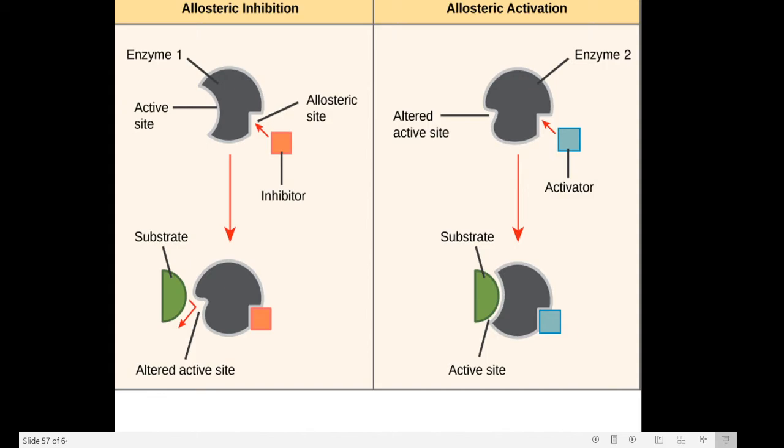So we add the inhibitor at the active site, but if that is not possible in your drug development study, you can add the inhibitor to another site of the protein. This binding makes a change in the active site.